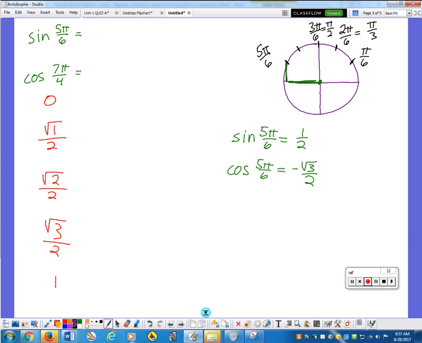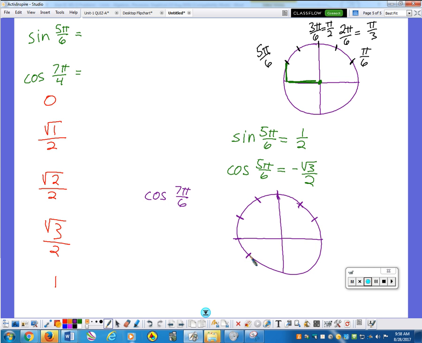7pi/6. So if I'm trying to find, say, the cosine of 7 pi/6, I do the same thing again. Draw a circle, and I just count. 1, 2, 3, 4, 5, 6, 7.